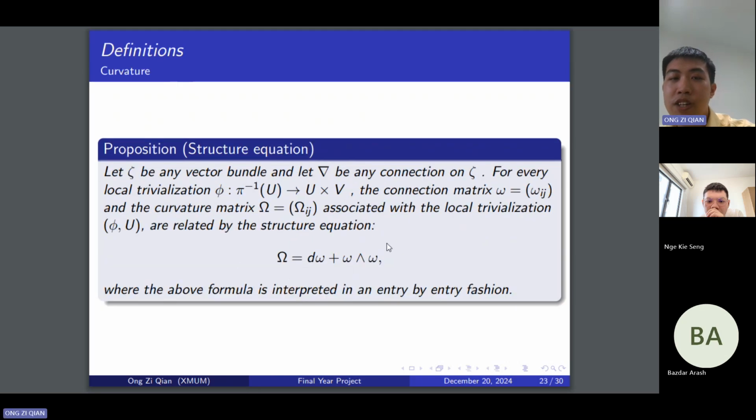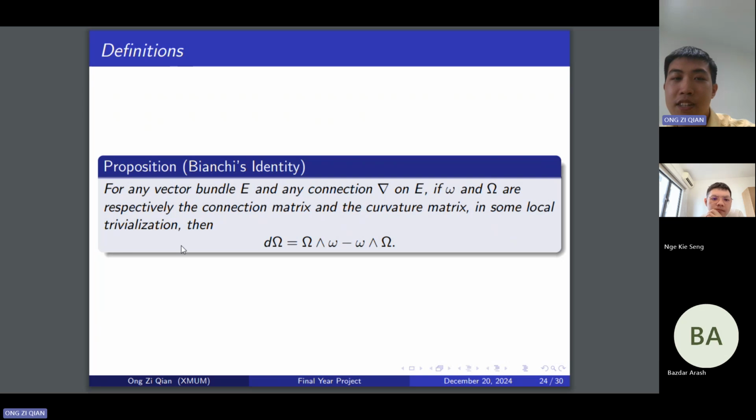And from this structure equation, it reduces to the Bianchi identity, which says the covariant derivative of the curvature is the connection minus the connection wedge with the curvature.